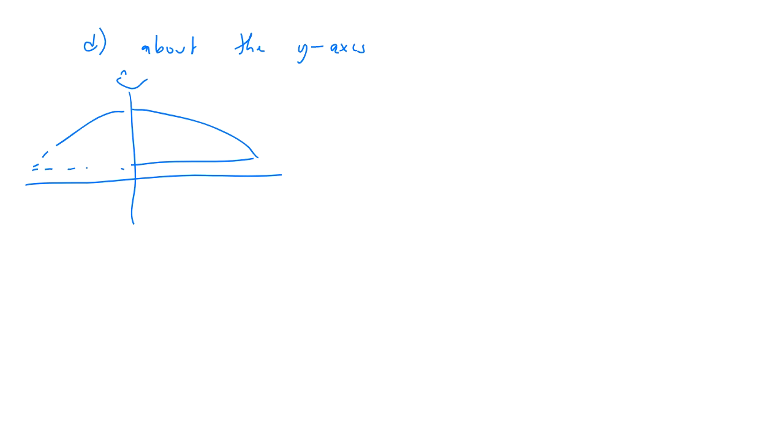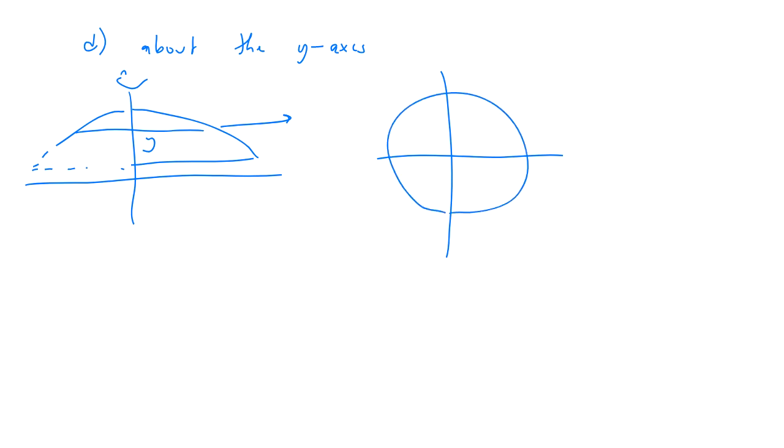And so now if I cut at a particular y and rotate, since there's no space in the middle, we're just going to get the circle. And you can see that for a given y, this is now x. And so there r will be equal to x.